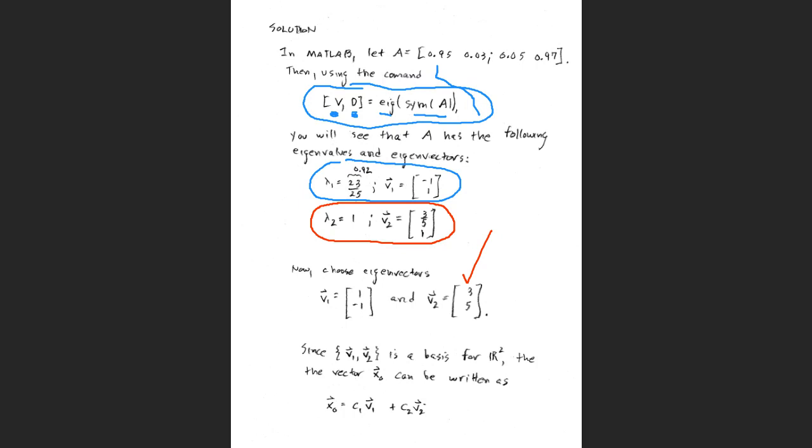In other words, again, the dynamical system here is x of k plus 1, x at time k plus 1 equals the matrix A times x of k. And we want to know, as k goes to infinity, what happens?